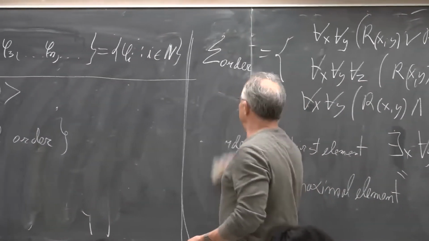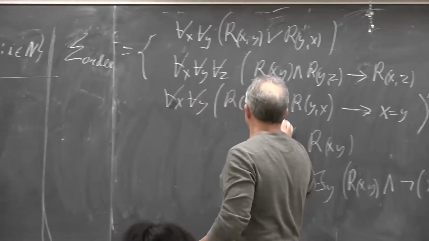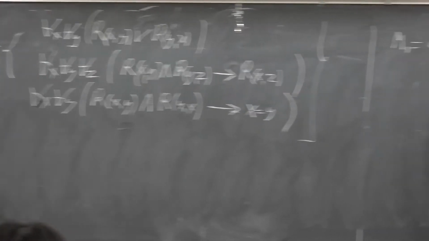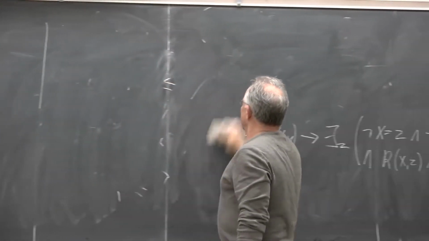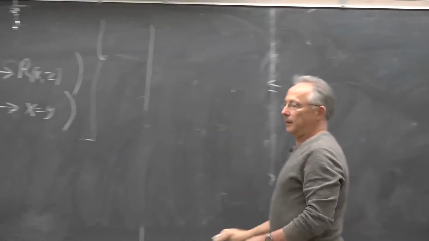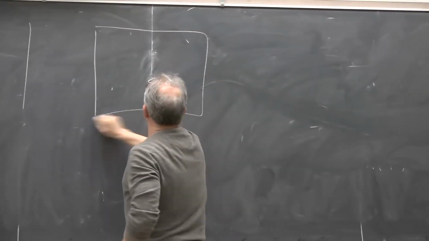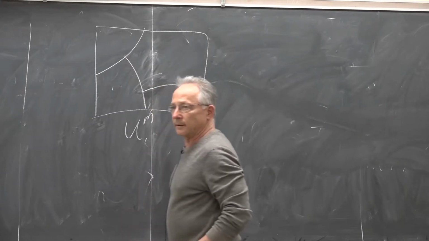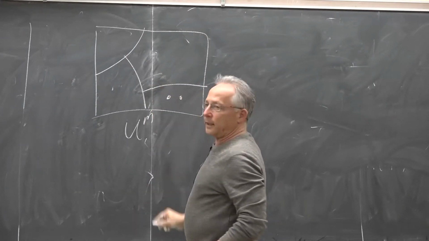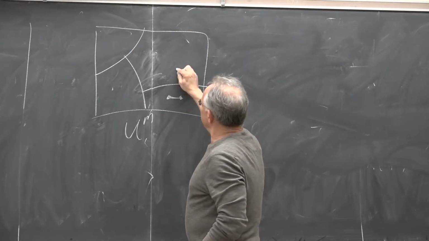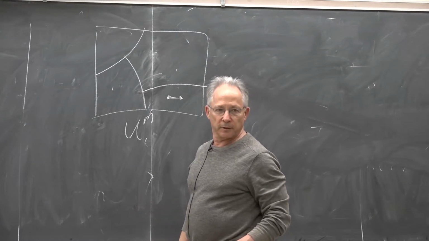For example, how can I say that R is an equivalence relation? Do you all know what an equivalence relation is? An equivalence relation means that it takes the universe, here is my universe of the structure, and partitions it into sets such that every two elements in the same set satisfy the relation between them, and every two elements in different sets don't satisfy the relation.